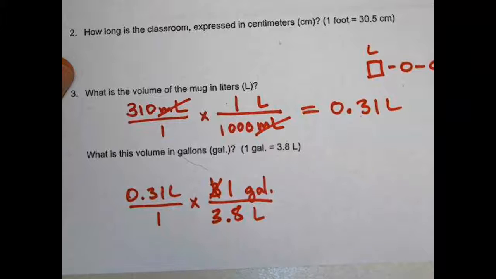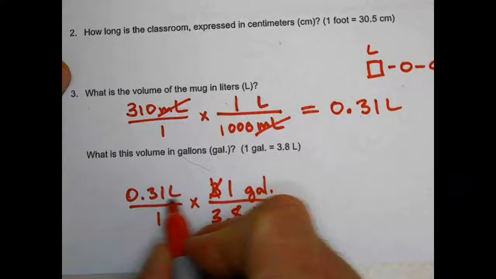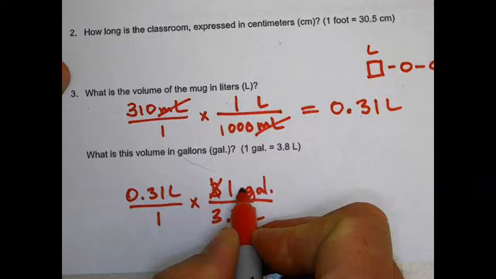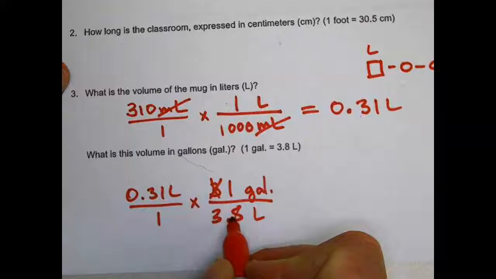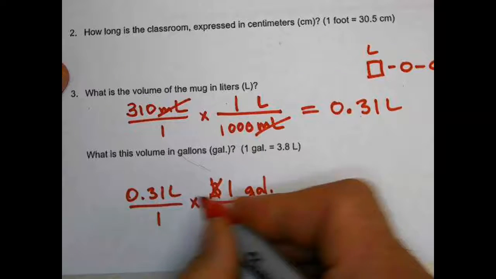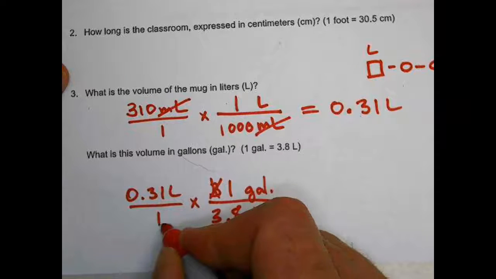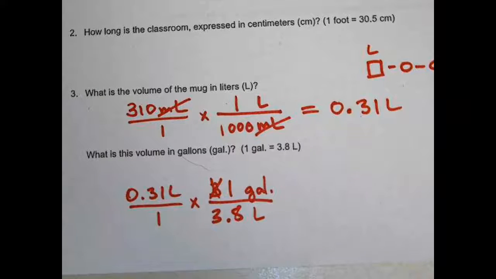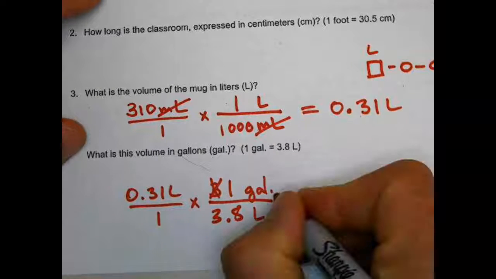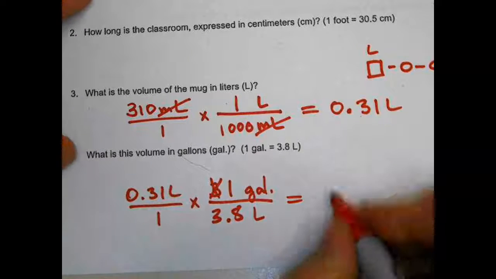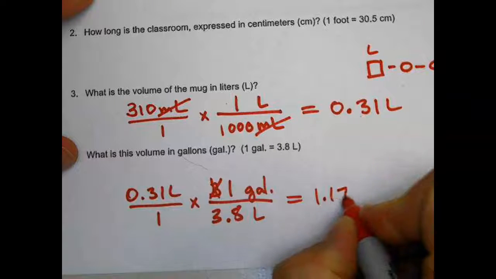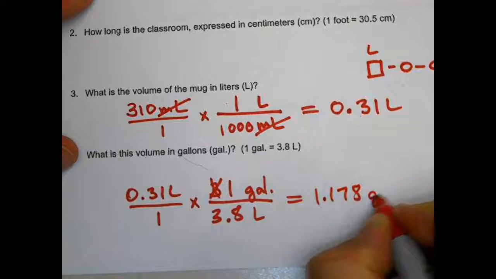So if I multiply fractions, I multiply across the top, multiply across the bottom, and then I divide my answer on the top by my answer on the bottom. But since we have just 1 here and here, we can ignore those, because multiplying or dividing by 1 doesn't do anything. So if I just do 0.31 divided by 3.8, I should get 1.178 gallons.